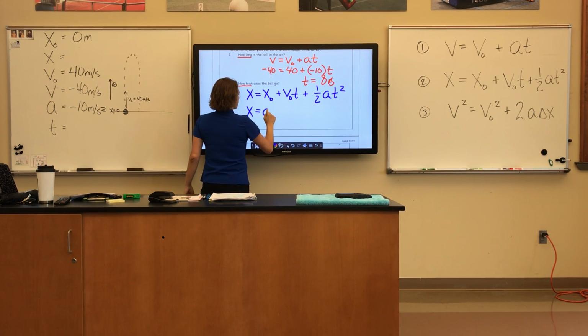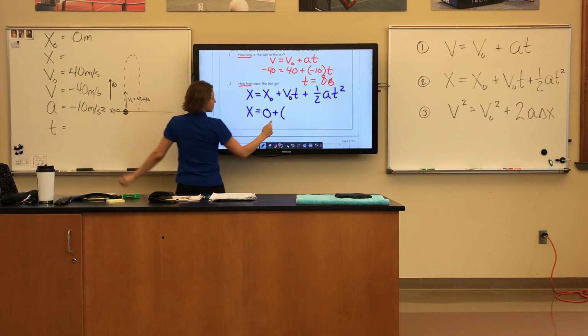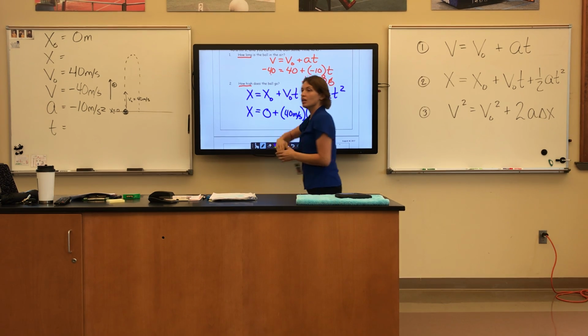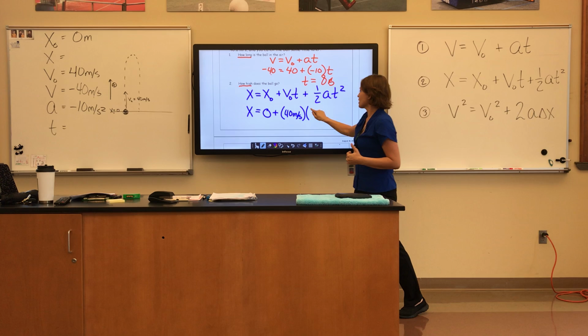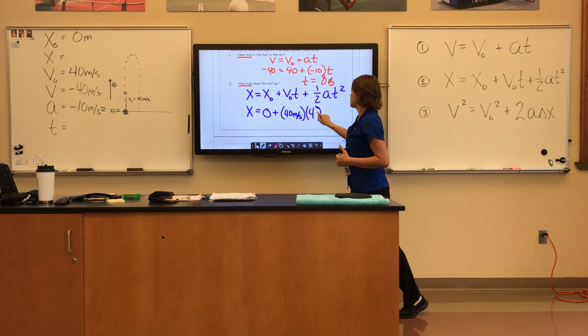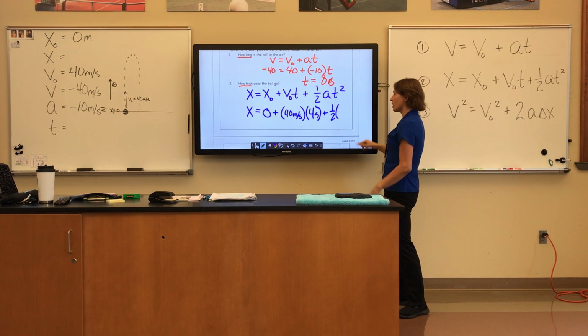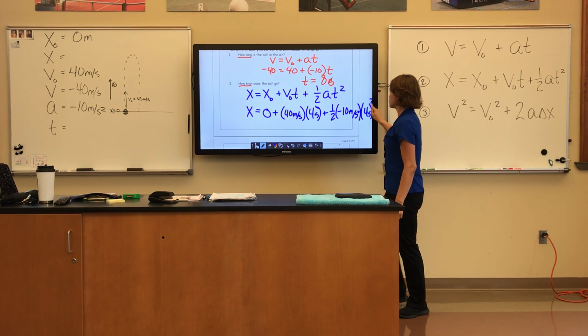It starts at the ground. I need to know its initial velocity, 40. I need to know how much time it is moving until it gets to its maximum height. It gets to its maximum height at 4 seconds. Plus 1/2 times its acceleration. In this case, when we're dealing with kinematics, our acceleration is constant. Negative 10 meters per second squared times 4 seconds, that's squared.